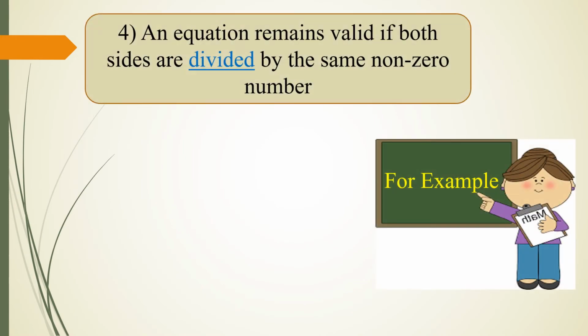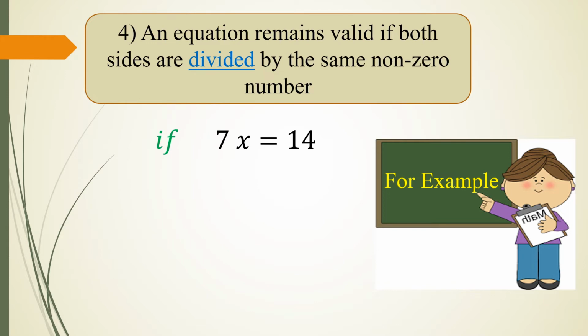Number 4, an equation remains valid if both sides are divided by the same non-zero number. For example, if 7x equals 14, here 7x means 7 times x, okay? 7 times x equals 14. So what is the inverse here? It's divided by 7.